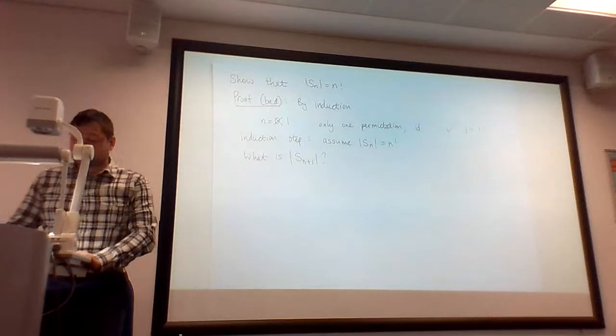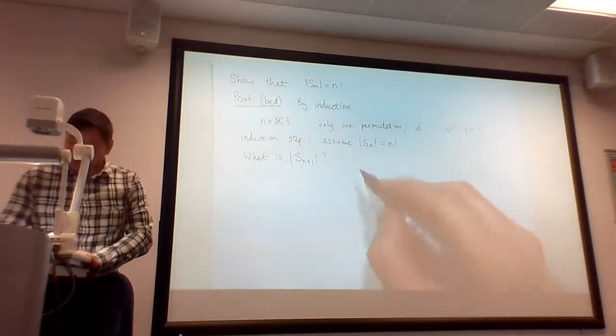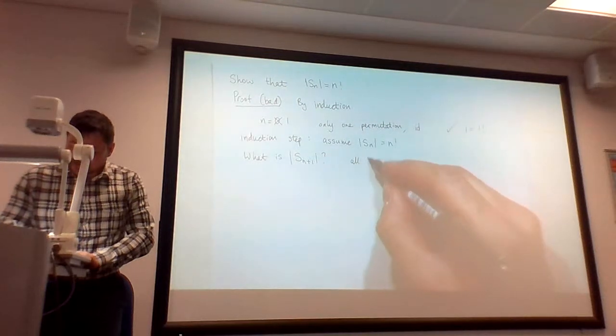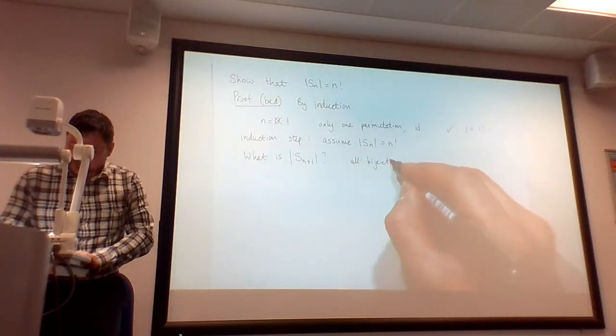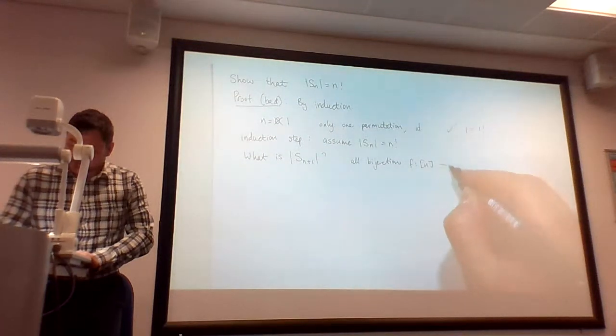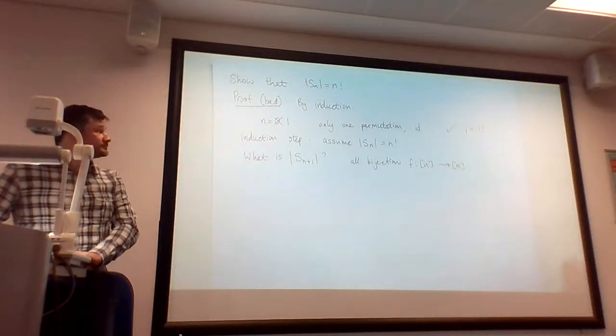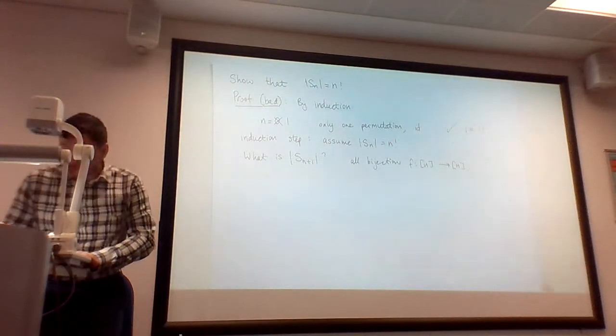We're looking at all the permutations, so that's all bijections. I go from the set 1 to n plus 1 to the same set 1 to n plus 1.